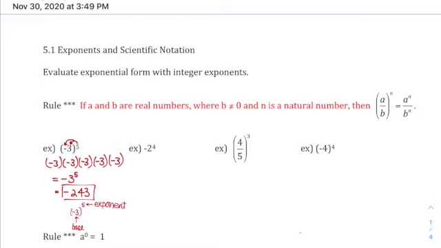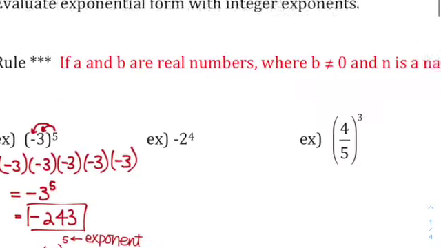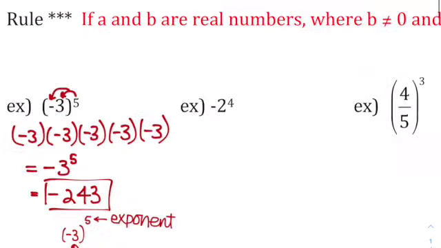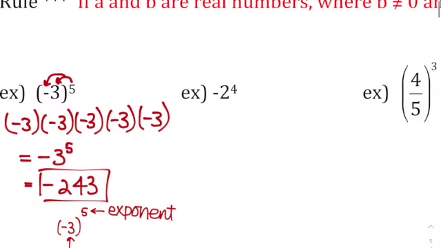Now I want to show you the reason why that is the case. In this one, you're going to say, oh, Miss Weisman, that is a positive 16, but it's really not. Remember I told you the base and the exponent that is attached to that base are what get multiplied or raised to the power.